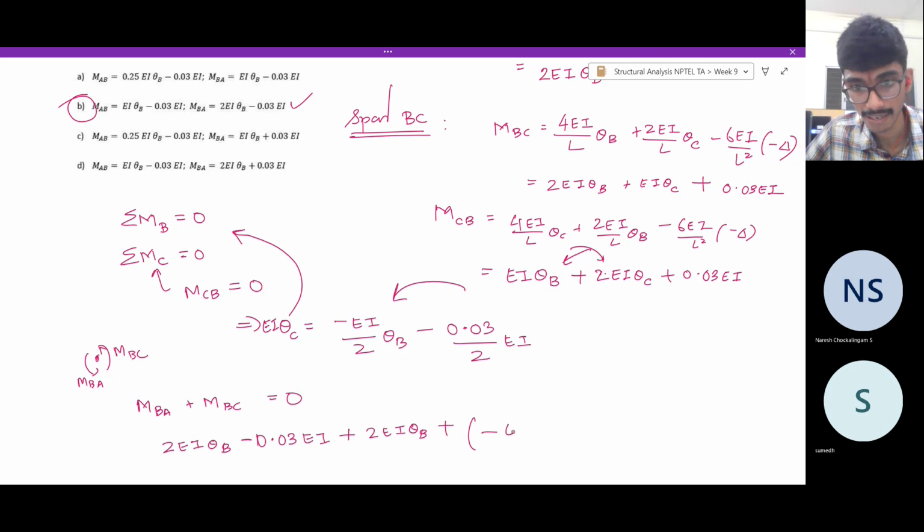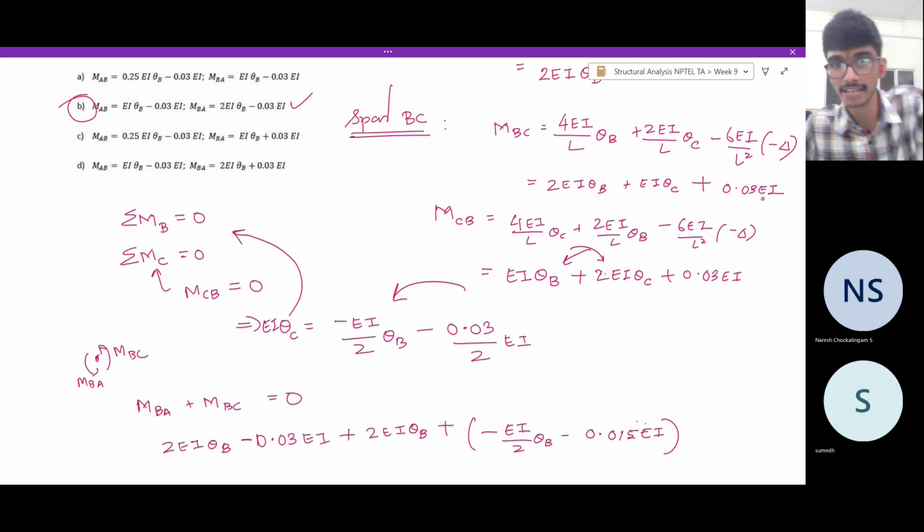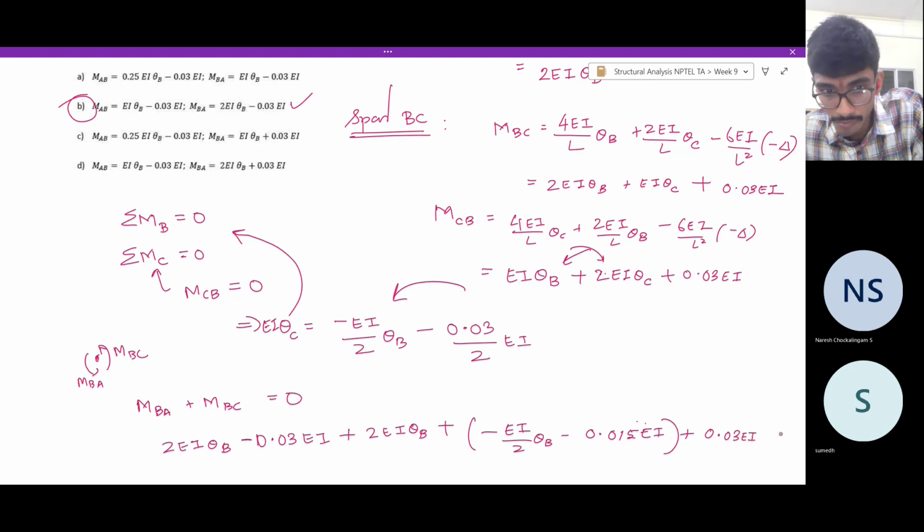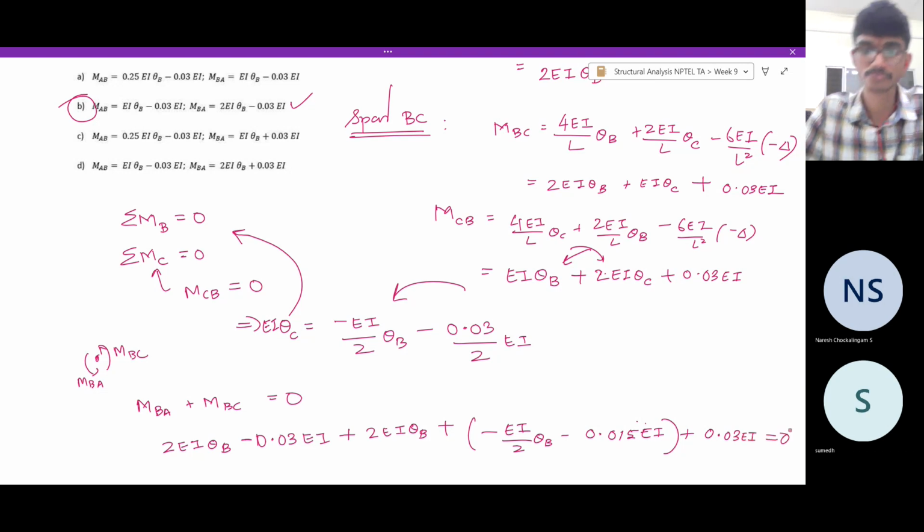It is nothing but minus EI by 2 theta B minus 0.015 EI, plus 0.03 EI. This is equal to 0.